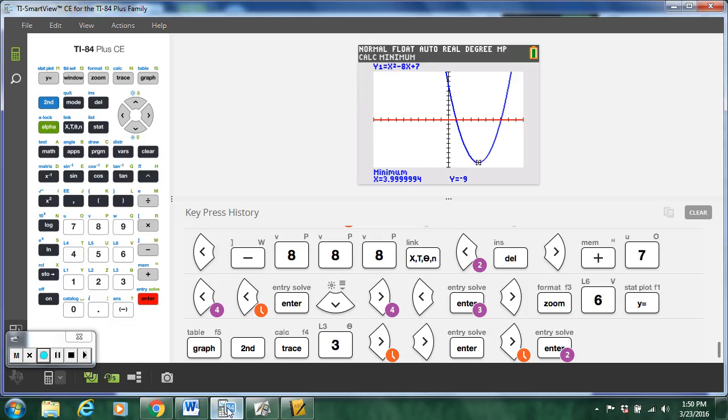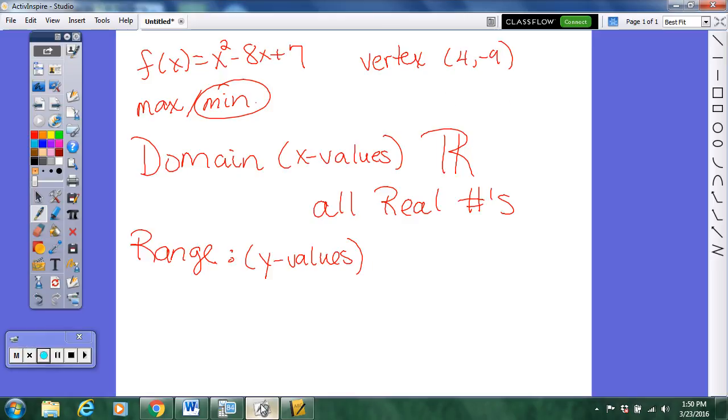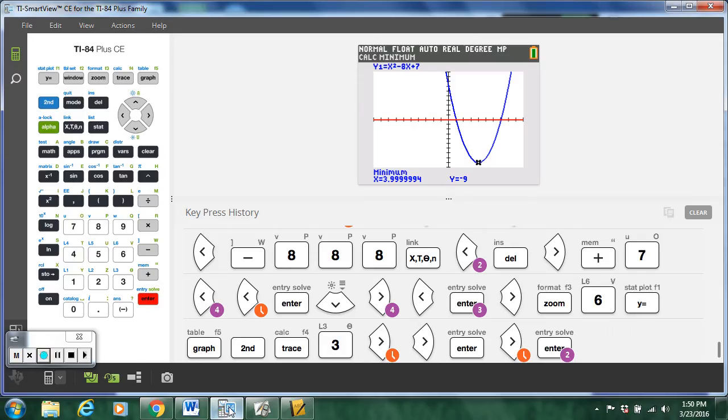I'm going to say again. We were talking about the range, which are the y values. We just found the vertex to be 4, negative 9. We need to know that part right there. Did we just find it? Yes, 4, negative 9. What is the y part of that vertex?